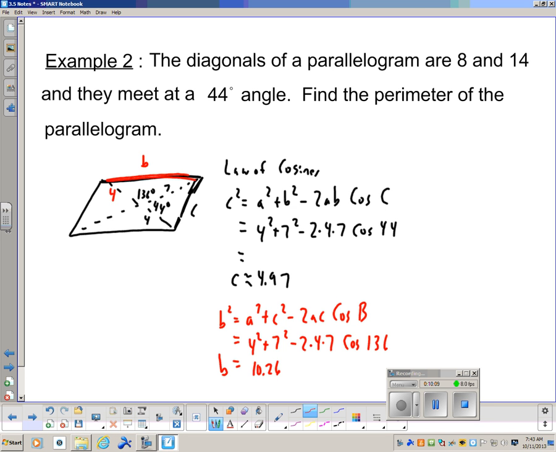So because we're using cosine this time instead of sine: when we use sine and the supplementary angle, we get the same value. With cosine, that's not true. All right, so I've got my values here. For the perimeter, I've got to add them all up. So I've got 4.97, another 4.97 because this is also 4.97, and this is 10.26 and this is 10.26.